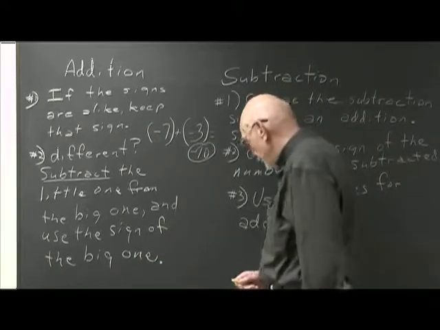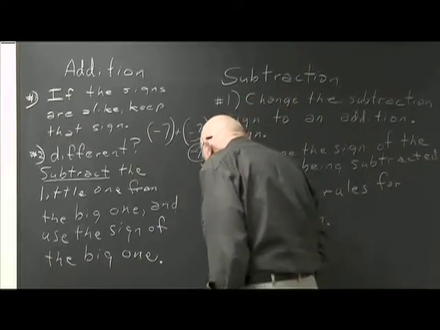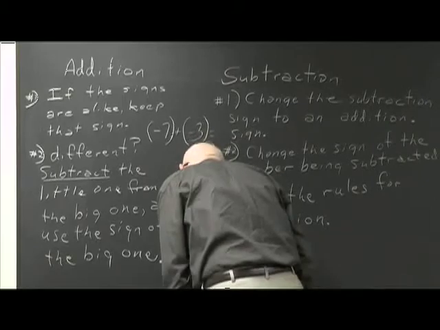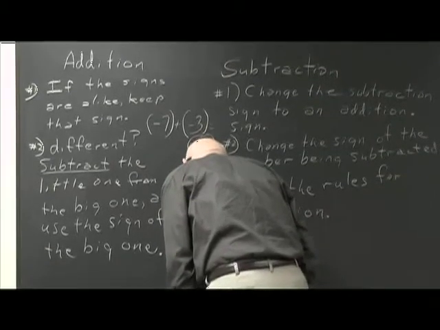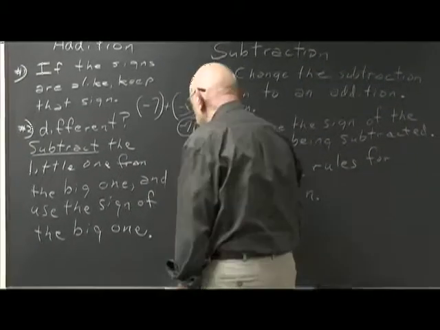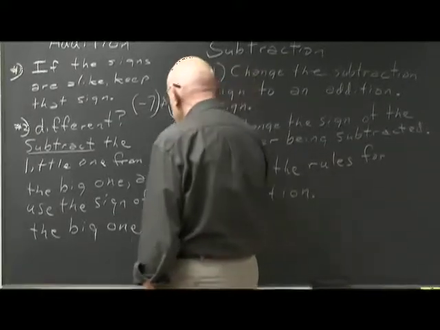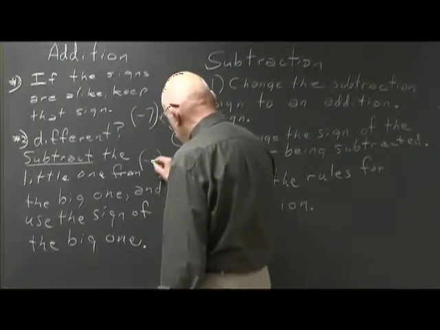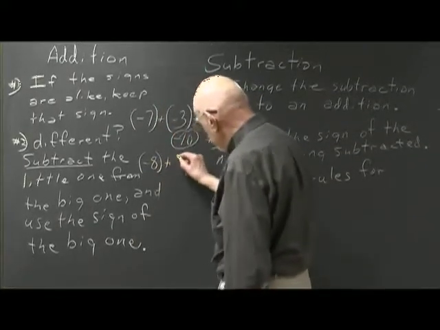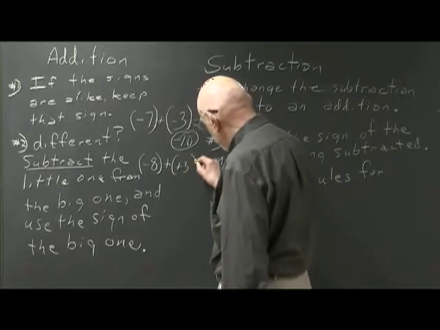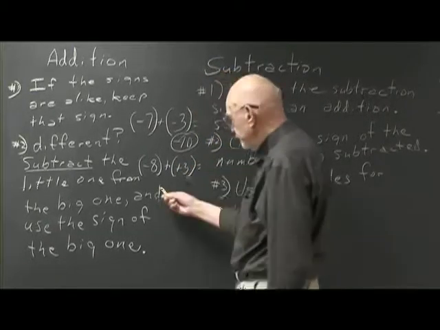So for an example for this one, let's say we have -8 and +3. -8 plus +3 equals what?